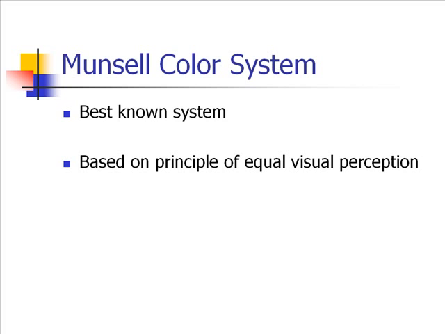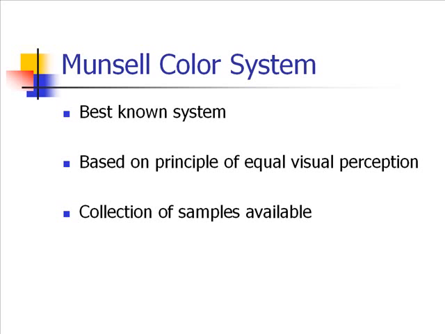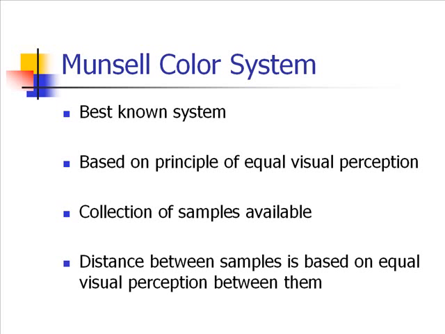This model here just shows a small number of them, but you can buy a larger book of all the Munsell colors. These are just a few pages out of it. The distance between samples is based on equal visual perception between them. It was developed in 1905 as an art teaching aid. So this was made for art teachers, really. So it's been around a long time.